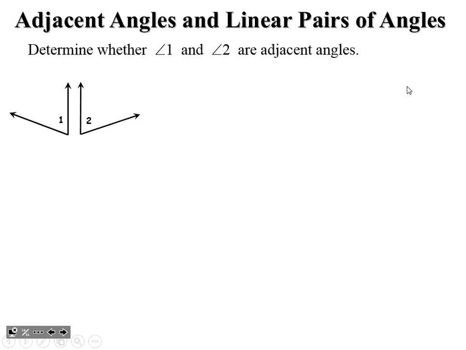No. That's good, because if we look at it, angle 1 right here and angle 2 are just two separate angles. They're close to each other, but not actually next to or joining. This would be like my room and Mr. Colazo's room. We're close, but we don't share a wall. So we're not actually adjacent.